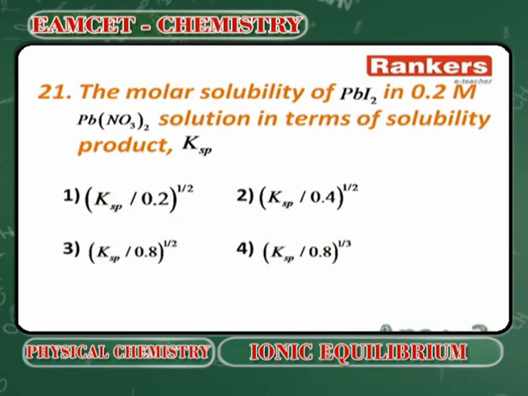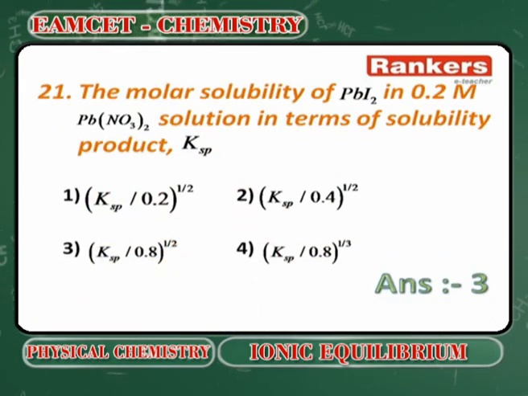Next. Now coming to the solubility product. The molar solubility of PbI2 in the presence of 0.2 molar lead nitrate solution in terms of solubility product is.